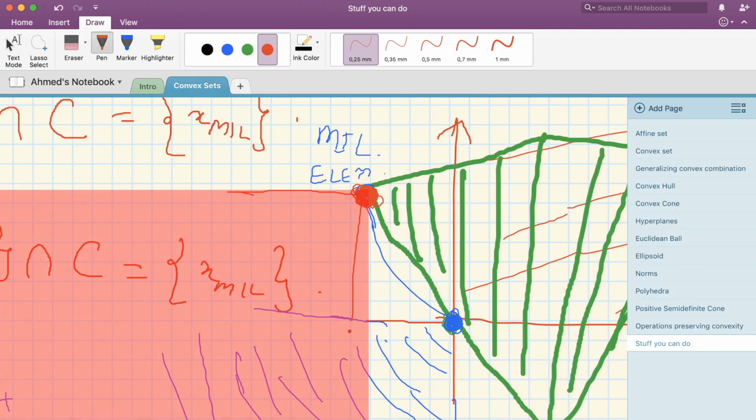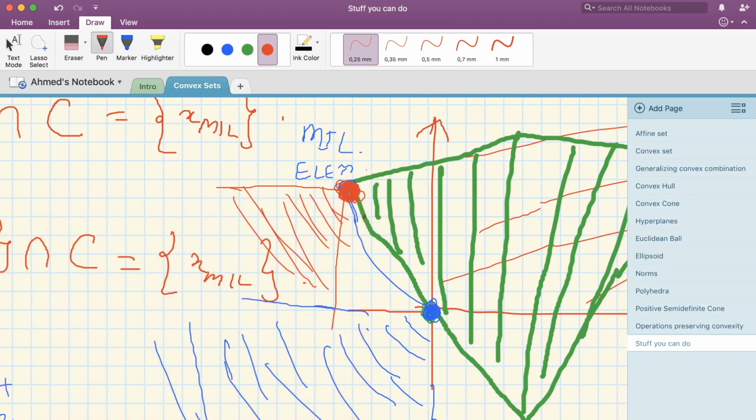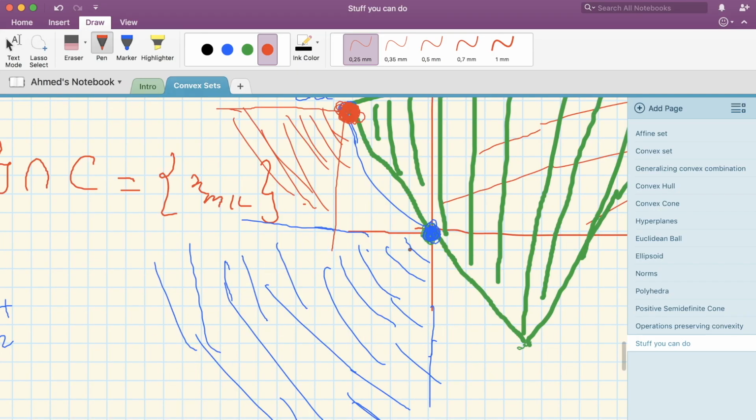And now the question is: is the intersection of this red region and the green region only the red point? Yes, it is. So we have another minimal element. And guess what? It applies to all those points right here, on this line. All those elements are said to be minimal elements.